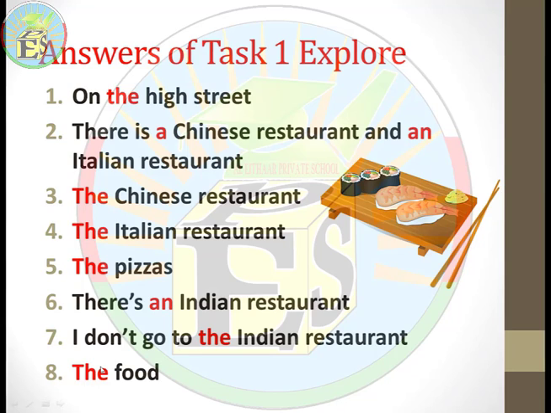Number 7, I don't go to the Indian restaurant. And the last one is the food. Make sure to underline all of these sentences.